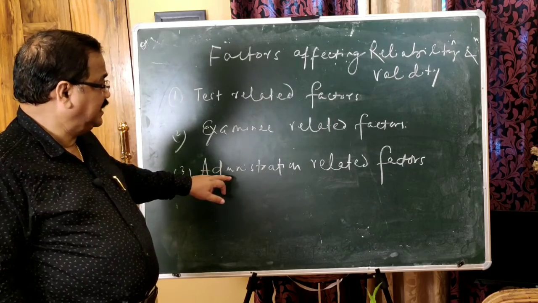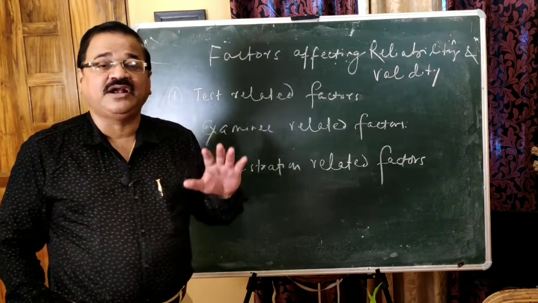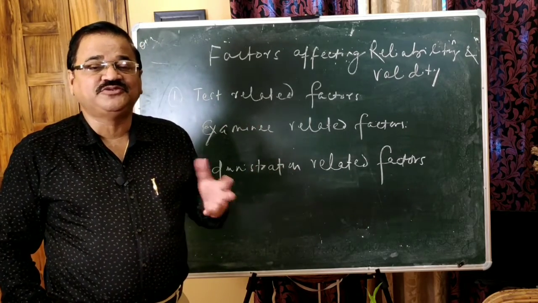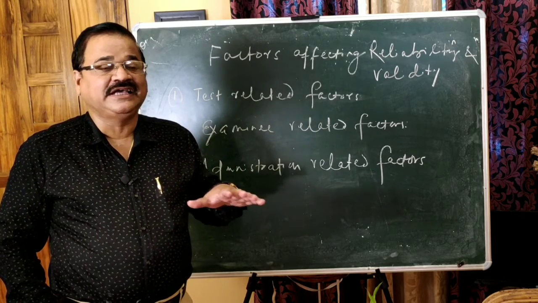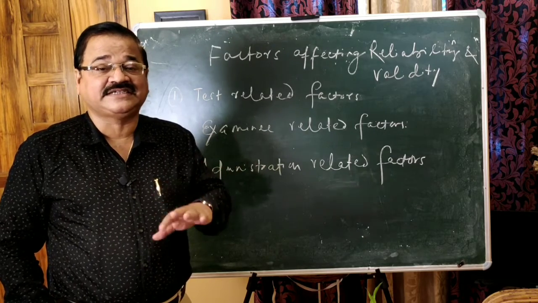And thirdly, administration related factors. If the test is not properly conducted, administration means how it is conducted. It should be free from all types of malpractices. The administration conditions should be also congenial for test.